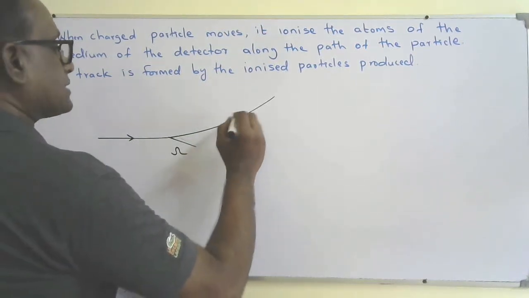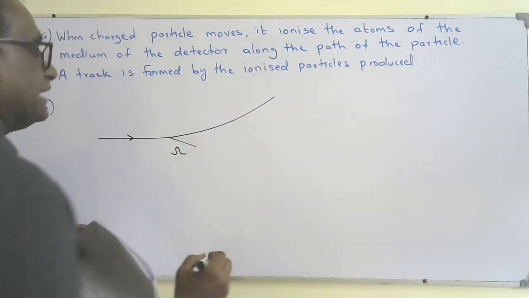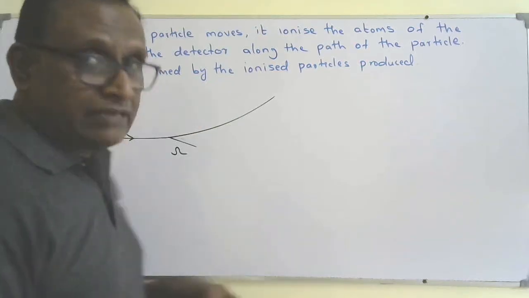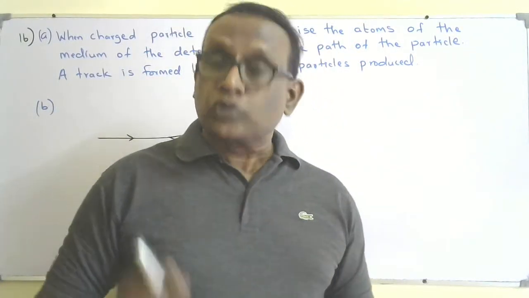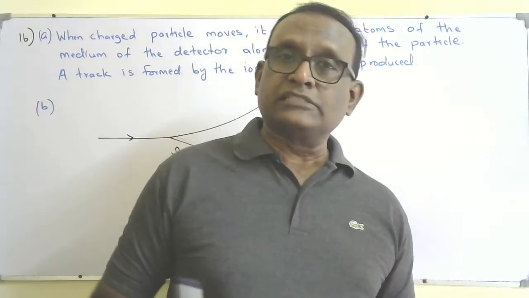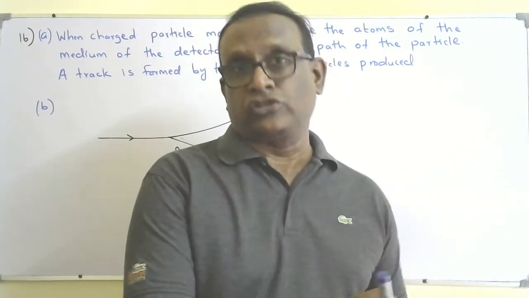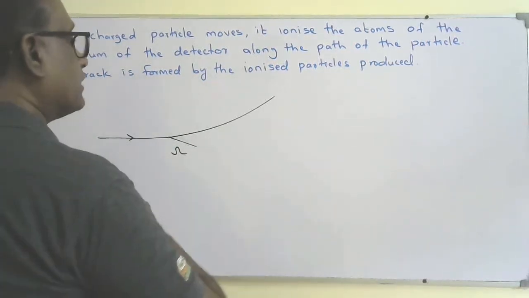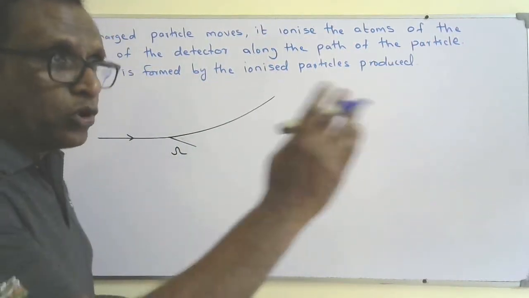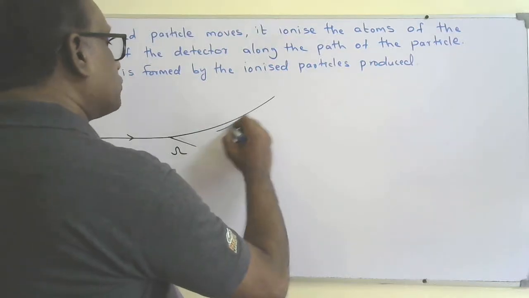This is the K plus. So the particle is moving in this direction, and it's a positively charged particle. The direction of the current produced by the motion of the charged particle will be the same as the direction of velocity. We know the particle is moving from left to right. So the current due to the motion of the K plus is also in this direction.